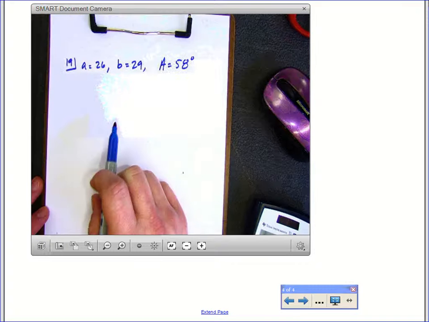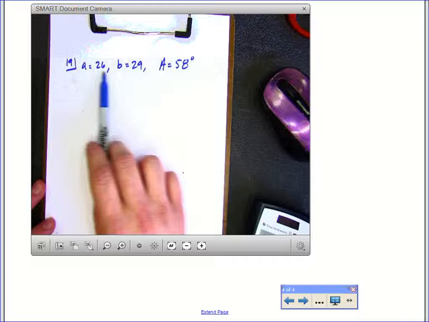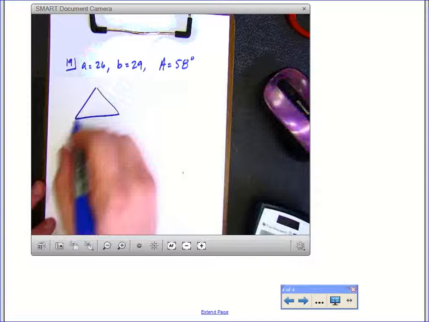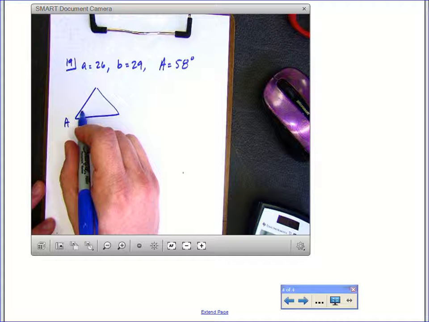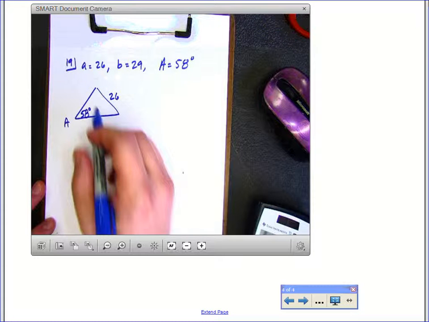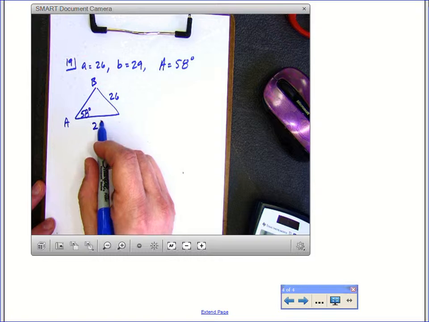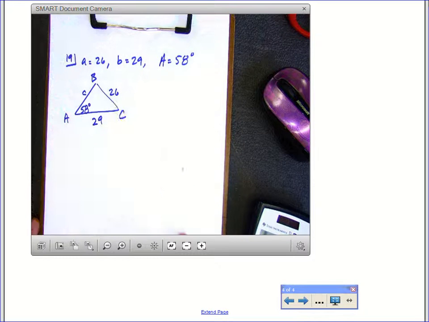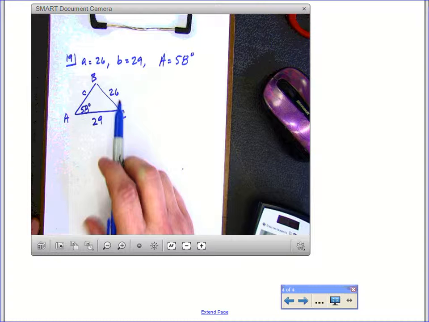Now it's potentially side-side angle, isn't it? So let's draw angle A down in the bottom left corner like we always do. Little a is going to be 26. Little b is 29, so this one will be C and little c. Okay, now that's side-side angle, isn't it?